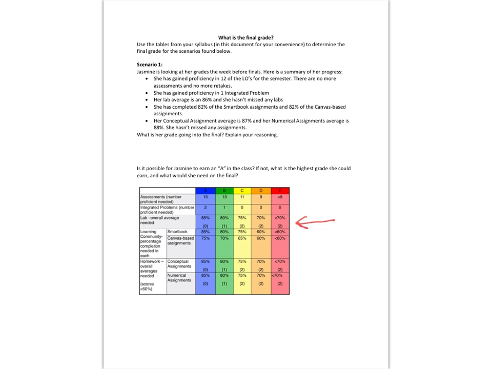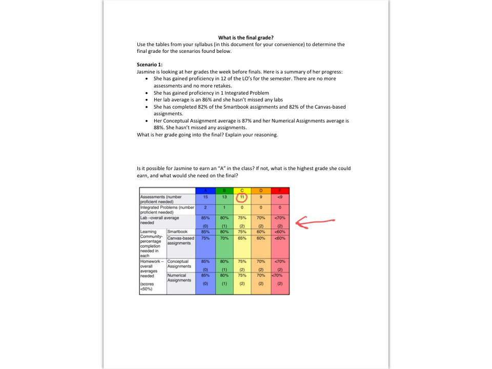All right, so the first thing I know is she has 12 of her LOs proficient. That's going to put her at the C level. I know 12's not on this table, but it isn't 13, so we can't say she's at the B level. So 11 and 12 would count at the C level.